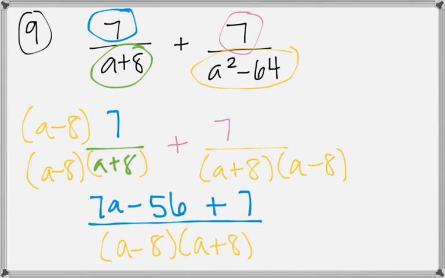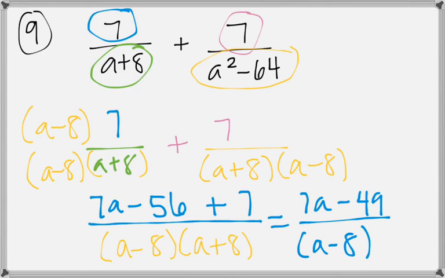Okay. So I get 7a minus 49 divided by a minus 8 and a plus 8. Where'd you get? Oh, never mind. You sure? Yeah. Okay. All right. So I'm looking at the answers right now, and I do see that answer sitting right there on my paper. Awesome.